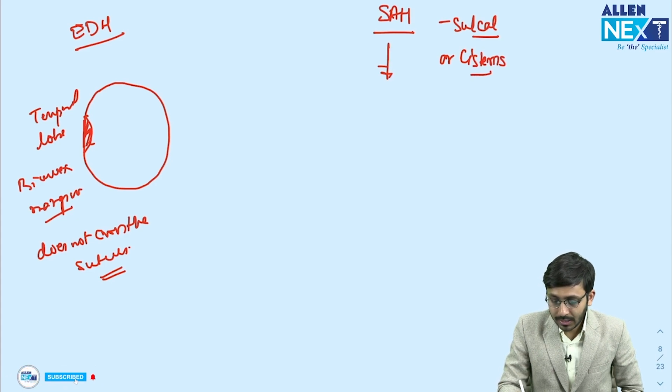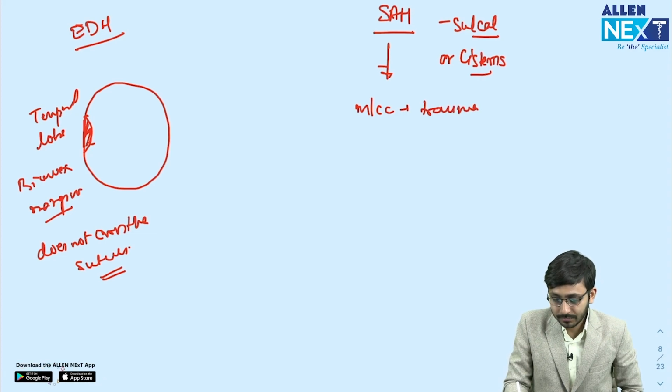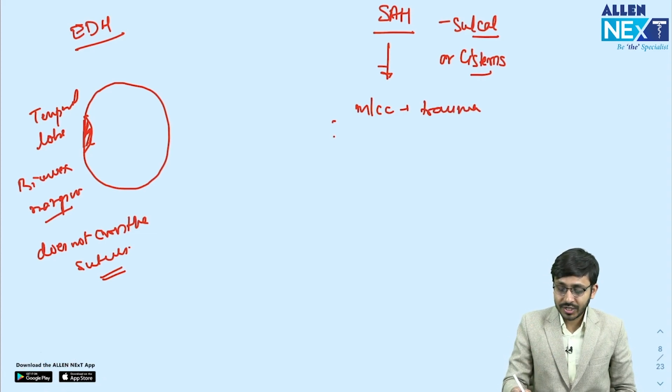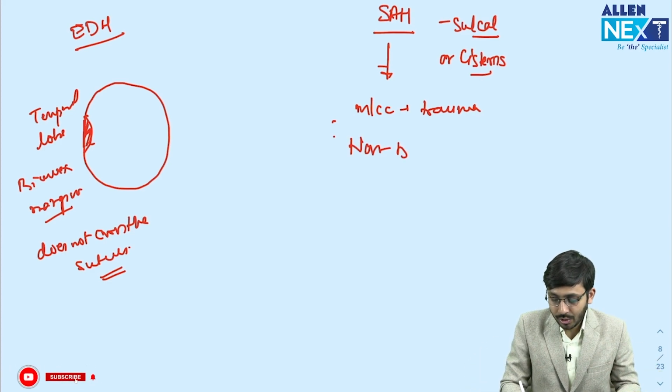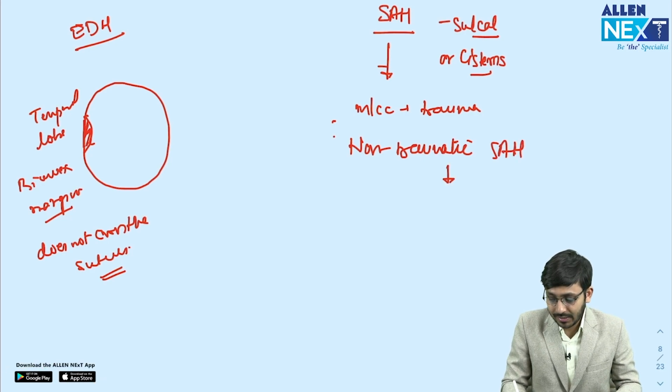Now, remember, regarding SAH, the most common cause of SAH is, yes, trauma. But if you're asked the most common cause of non-traumatic SAH, the answer there will be berry aneurysms.